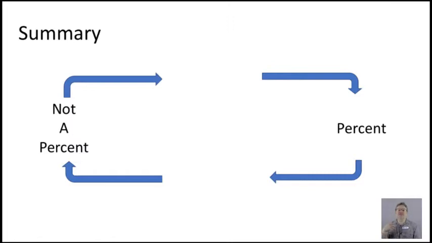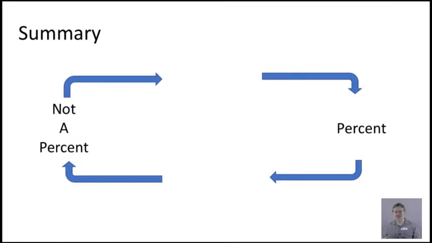You can present it as a decimal or a fraction. You can also represent something that's not a percent as a fraction or a decimal. So fractions and decimals can be on either side of this continuum. What's most important is not whether or not something's a fraction or a decimal, but whether or not it is a percent or not a percent.